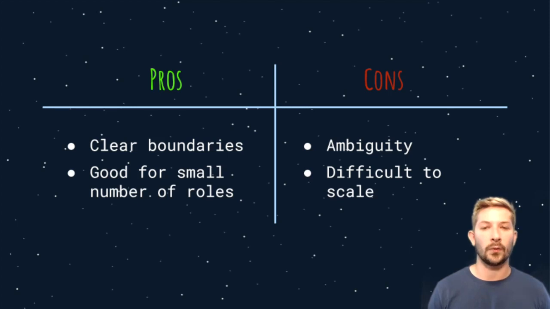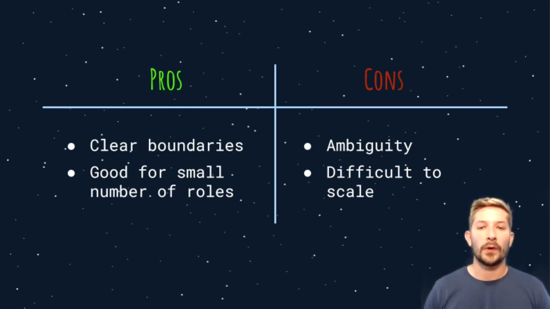This strategy works well when the user experience has very clear boundaries across very clear role types. This kind of strategy is easy to use because it doesn't require a lot of complexity across your services. However, it's harder to scale because as the number of access points increase, as the number of roles increase, there is a lot of ambiguity and a lot of work to be done.